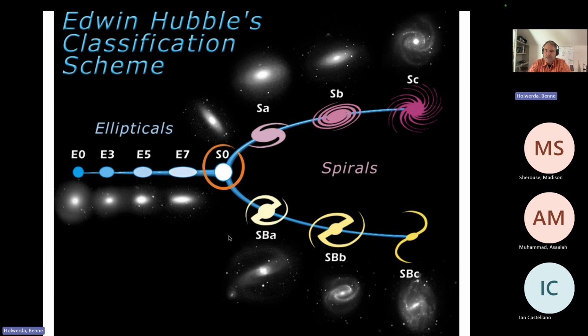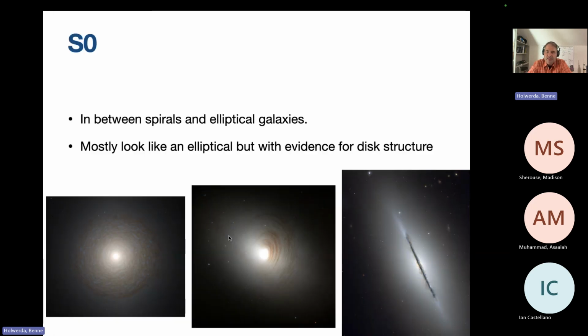And then I sort of left out this one fudge in the middle, which is S0. That's sort of in between ellipticals and spirals. It's a spiral with no arms or an elliptical with a weak disk. They are things that look almost like elliptical galaxies, but they have a little bit of dust. There's some evidence for a thin layer, like there's a bit of a disk left.